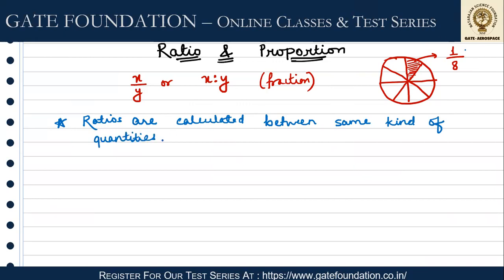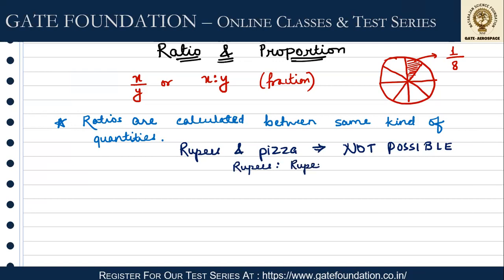What I mean to say is, जैसे मैंने आपको बोला, it was one piece of pizza over 8 pieces of pizza. So we are talking about pizza. I cannot compare the ratios of rupees and pizza, right? If I calculate the ratio of rupees and pizza, that particular thing is not possible. It is only between rupees and rupees which is possible.